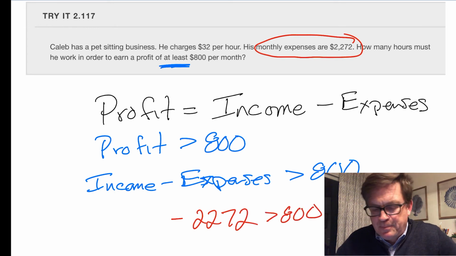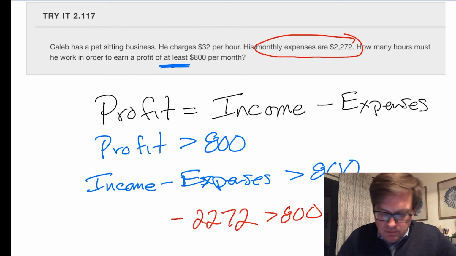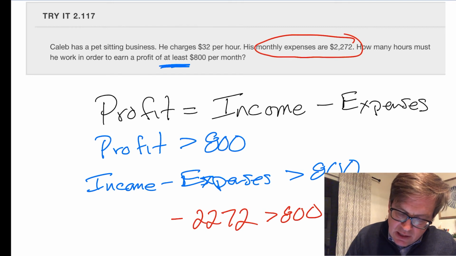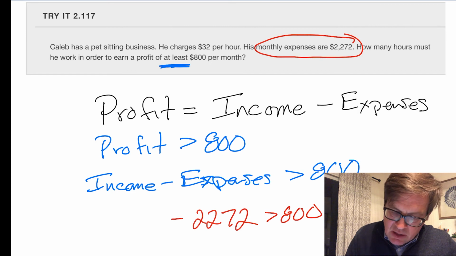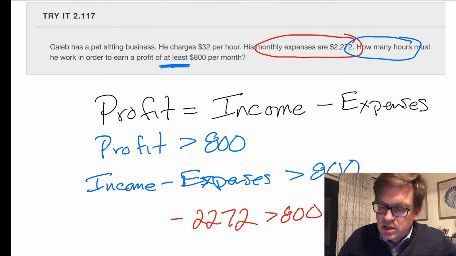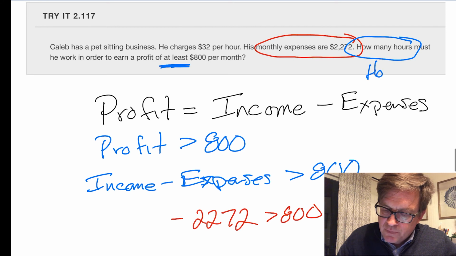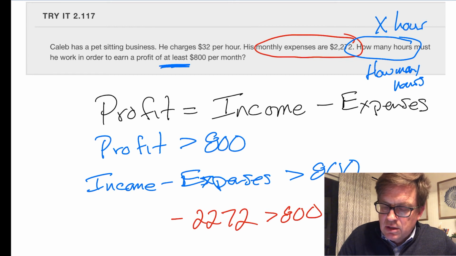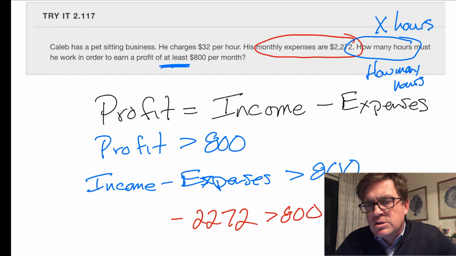What's my income? Well, what's my variable? They ask me to find out the variable, so look back at your problem and find out what the question is. How many hours? So let's say x hours. And that is a key in almost all these word problems.